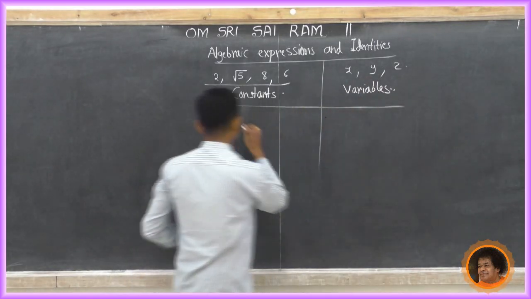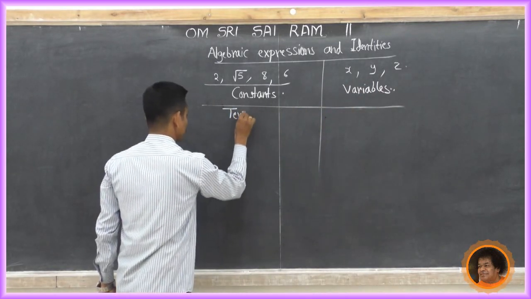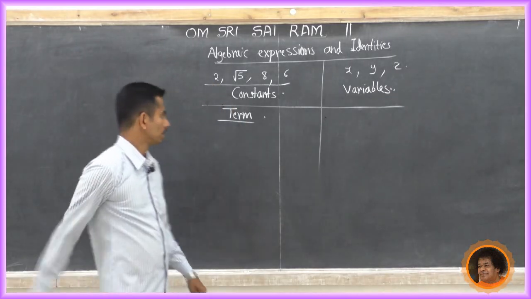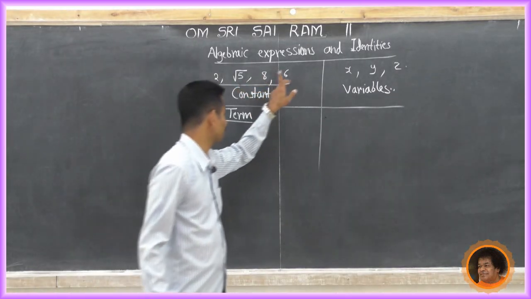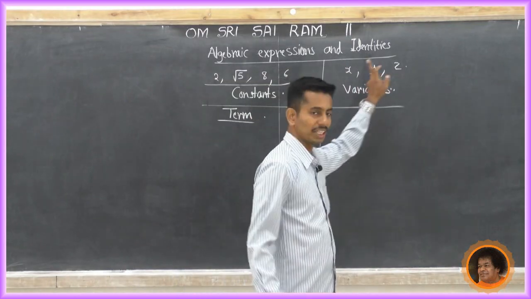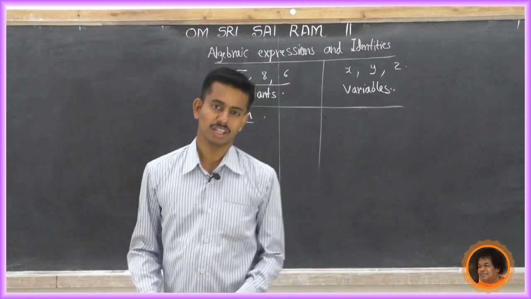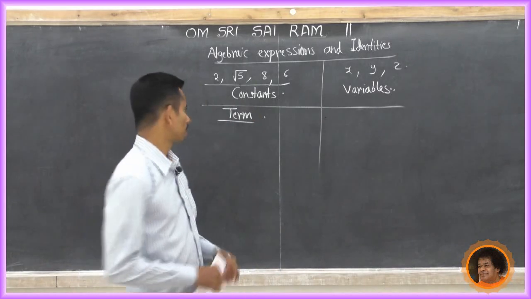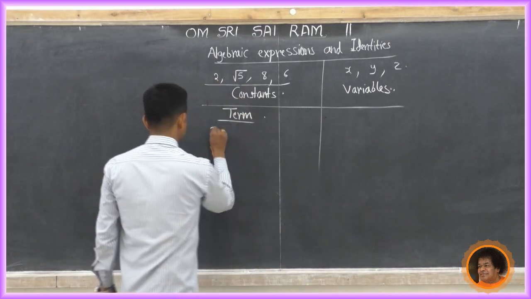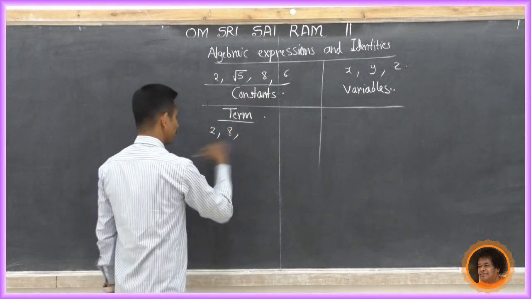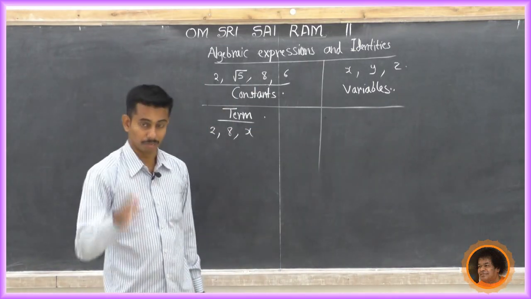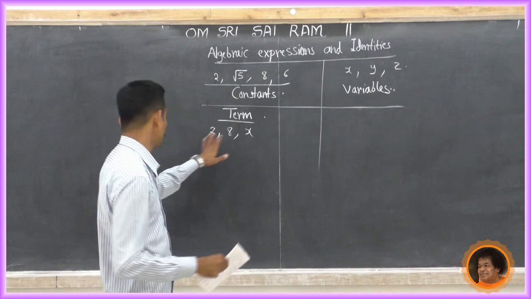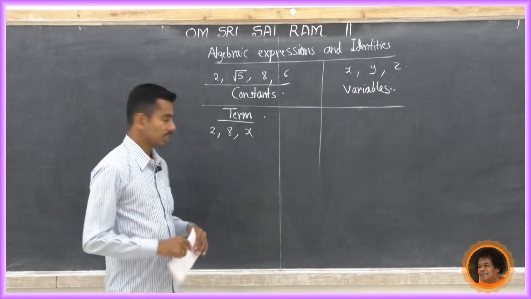Now, another thing is term. 2 is also a term, root 5 is also a term, 8 is also a term, 6, x, y, z. These are all called terms.